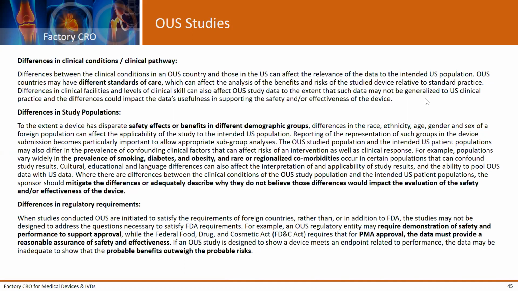And the way you know which ones are and which ones are not is you go into the product classification code database, and that's a 3-letter product code that you're looking up, and it will say 510K exempt for any of the products that are going to be exempt from 510Ks.